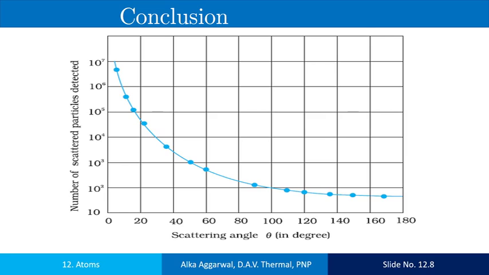A graph was plotted between the number of scattered particles and the scattering angle. This will be the graph. Here it shows that for small scattering angles, the number of particles is large. For large scattering angles, the number of particles is reduced.